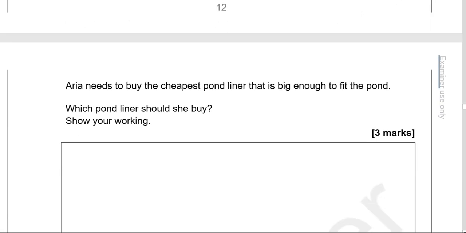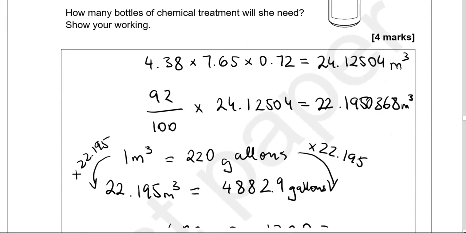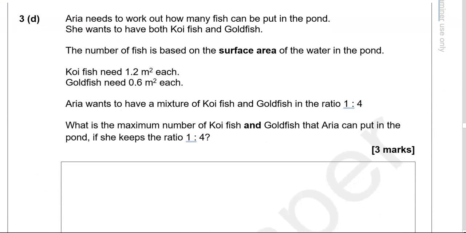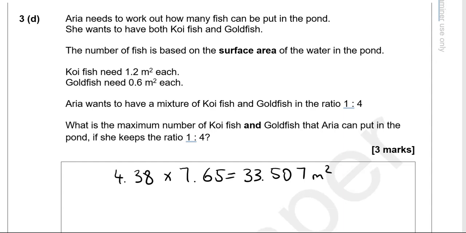So we'll multiply them. And that gives us 33.507 square meters.